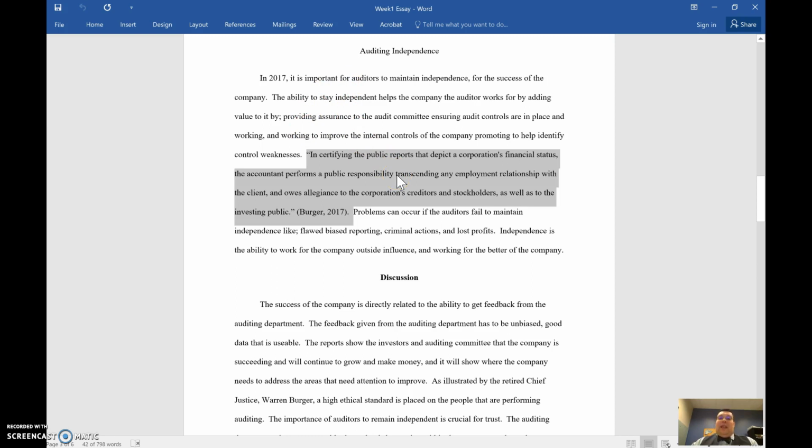Once again, if you make any sort of claim or have any sort of side in the matter, the article you read should either back that up or argue against that, because you're just trying to say, okay, this is a valid argument. Here's my support for that argument in this article.